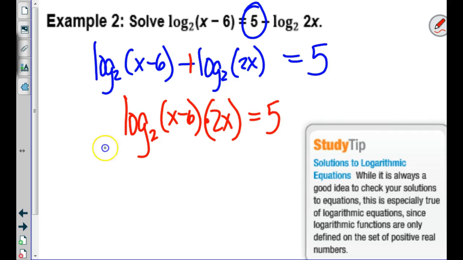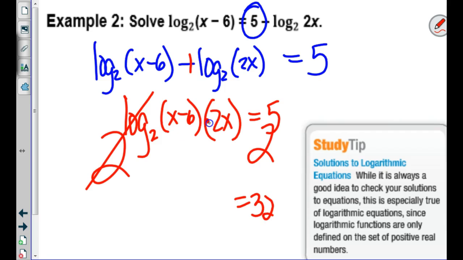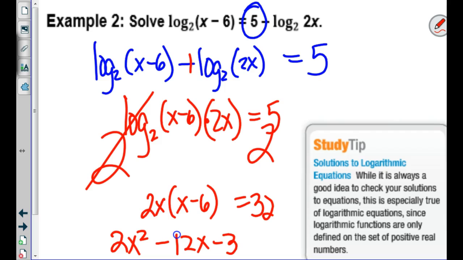Okay, now 2 to the 5th is 32. What's happening over here? I have a 2x and an x minus 6, so I have to distribute: 2x squared minus 12x. I'm going to subtract the 32 over here so that it's equal to 0.